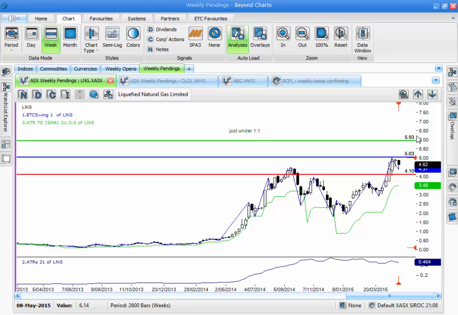Again, just thinking that initially I like to have a reward that I can see, even if we are in blue sky. If there is a round number, then I can clearly say, well, look, in terms of measuring risk to a potential reward, certainly $6 is a round number. If we choose to ignore $6 as being a round number, then we're in blue sky and the trade could really go anywhere.